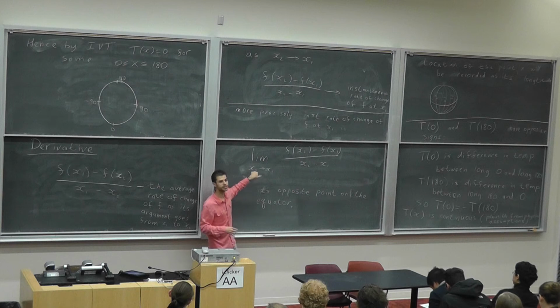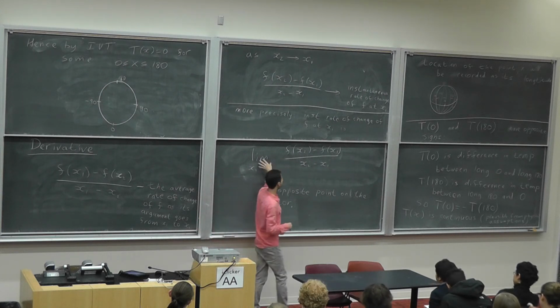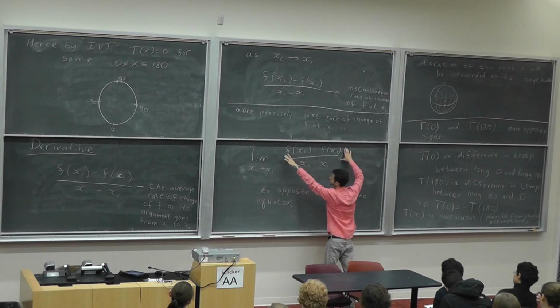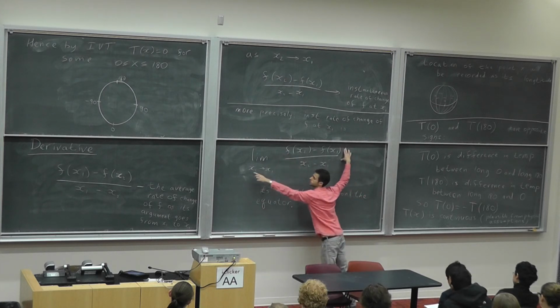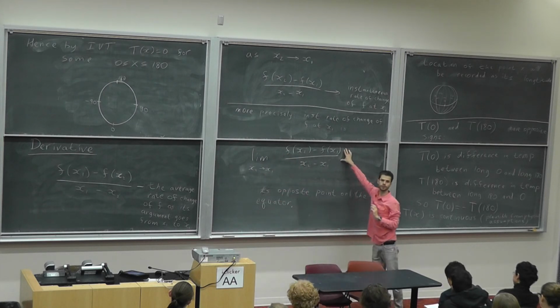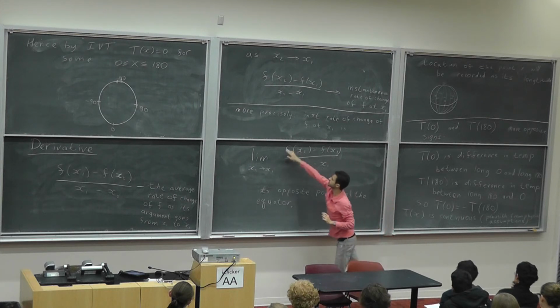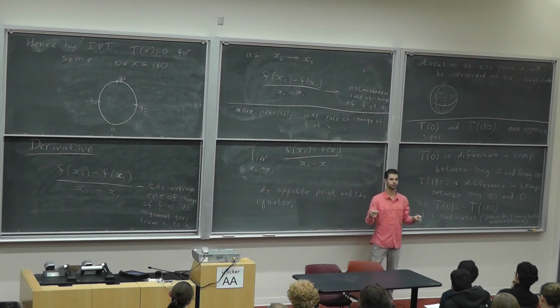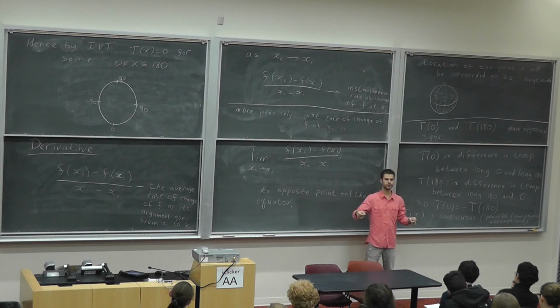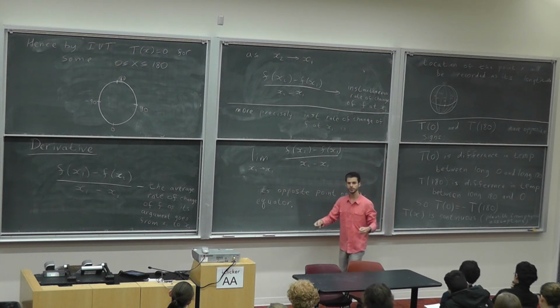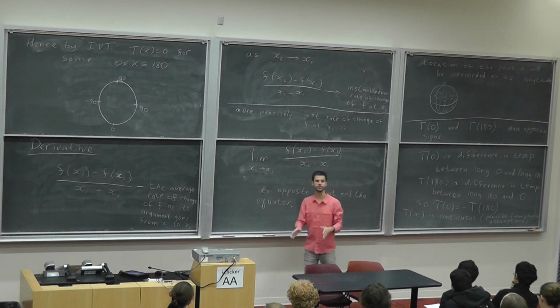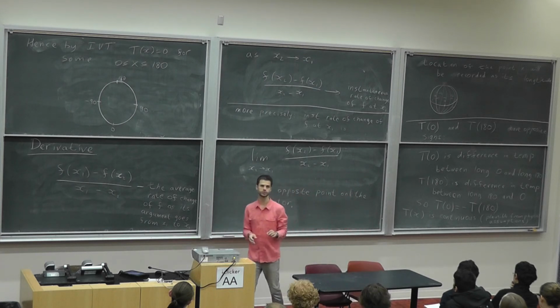So in this case, the limit is about what this expression approaches as x2 approaches x1. And this expression being the average rate of change of the function from x1 to x2, as x2 approaches x1, this thing approaches the instantaneous rate of change of the function at the point x1.